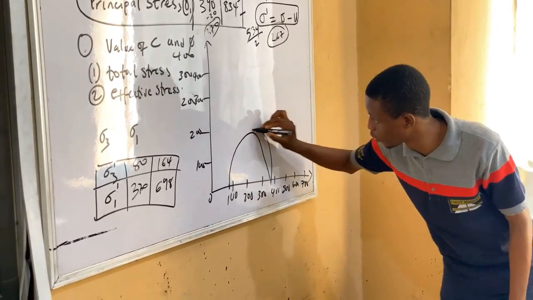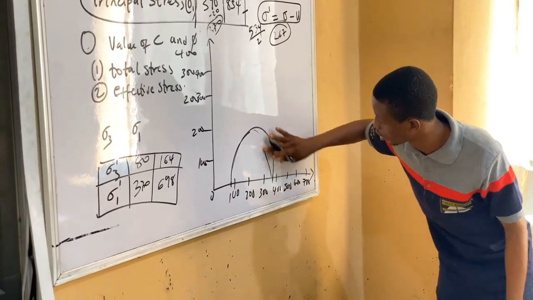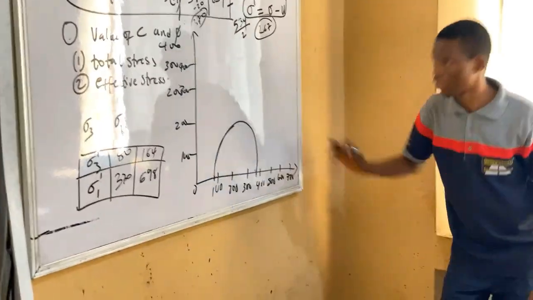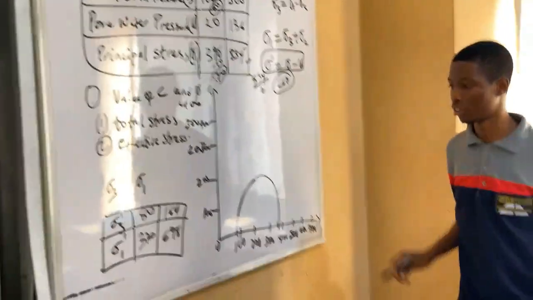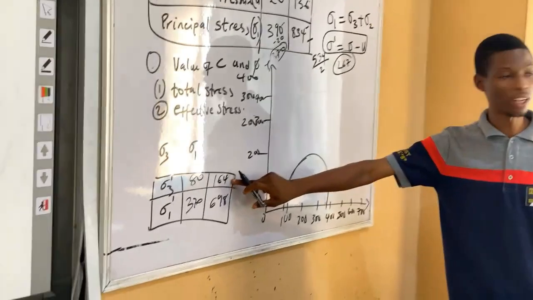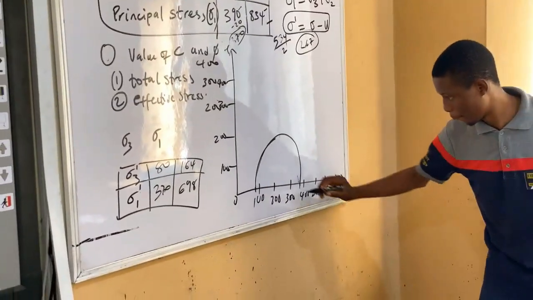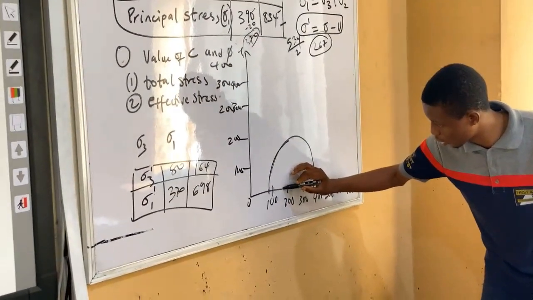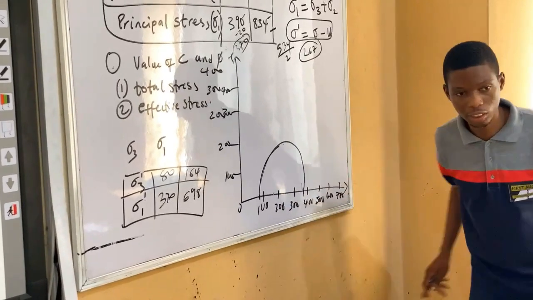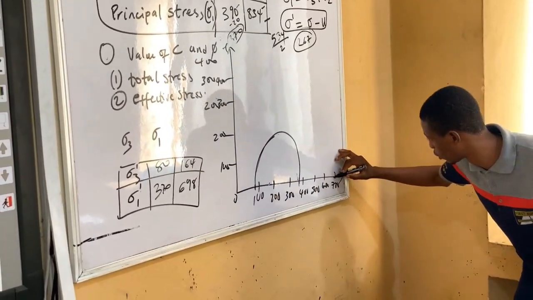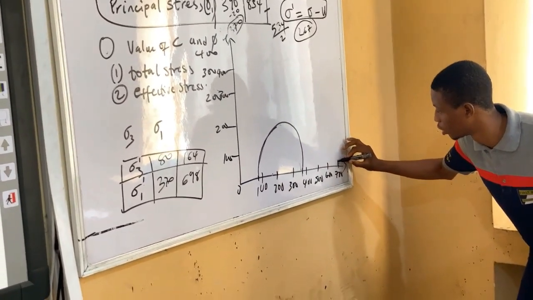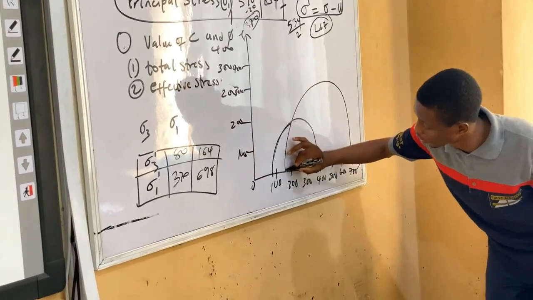The way we did the first one, just draw it. The vertical is still down. Then the second one, we have 164. 164 should be somewhere here. Then 698 should be very close to 700. So we have something like this.